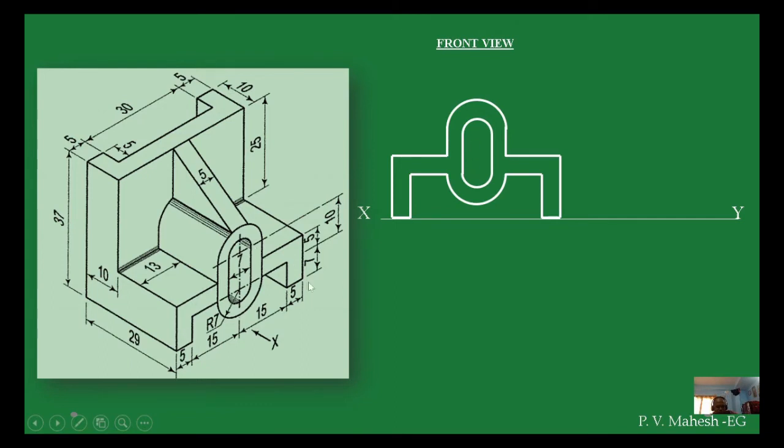So this L shape and this in-between hole will be visible. Now these dimensions: this length is 5 mm, from here to here it is 15 mm, from here to here it is 15 mm, this is 5 mm, like that you can give dimensions.